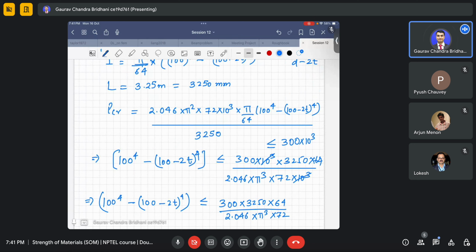So 3250 goes there, and 64 goes there, and pi cube.